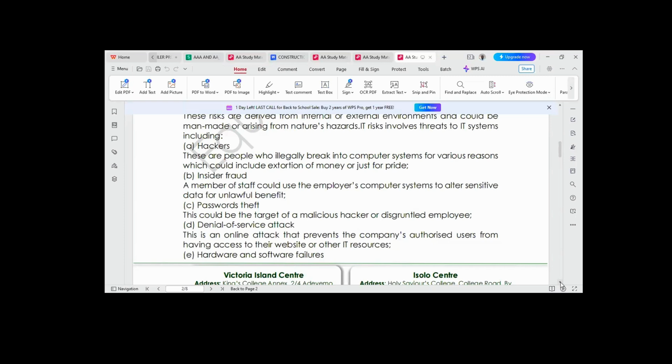Okay? Then you have hardware and software failures. The system can crash at any time. That is hardware and software. Software failure could be when you have the blue screen of death. You open your system, and all you can see is this light blue screen with different lettering on it.